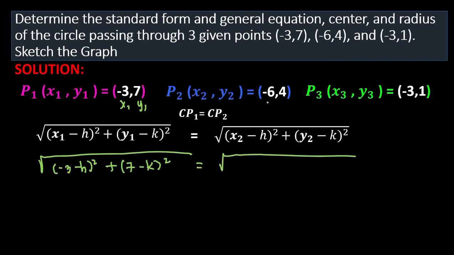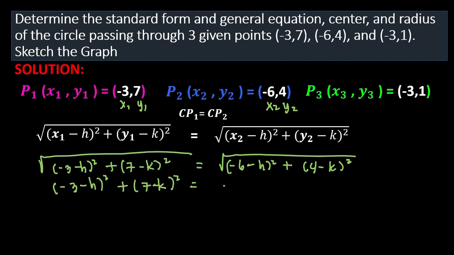Let negative 6 be your x sub 2 and 4 be your y sub 2. Negative 6 minus h square plus 4 minus k square. Divide both sides by square root, so we will have negative 3 minus h square plus 7 minus k square is equal to negative 6 minus h square plus 4 minus k square.